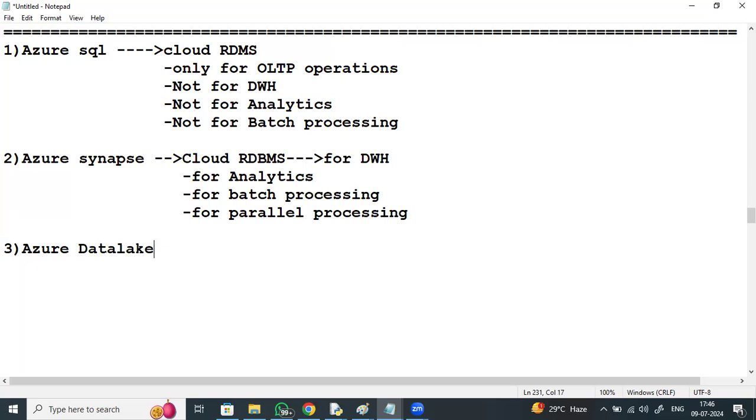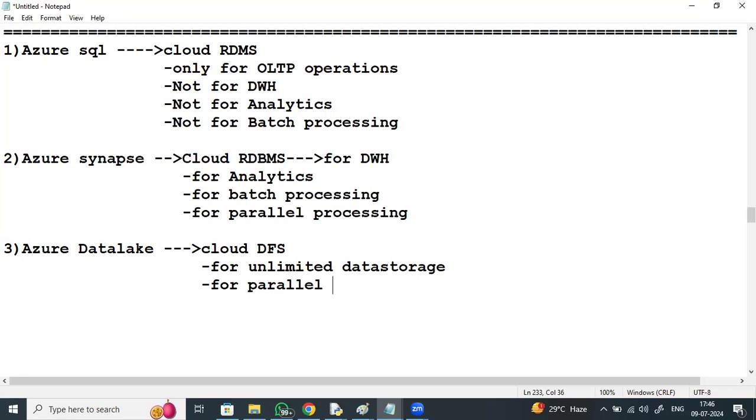Azure Data Lake. It's a cloud distributed file system for unlimited data storage, for parallel processing.